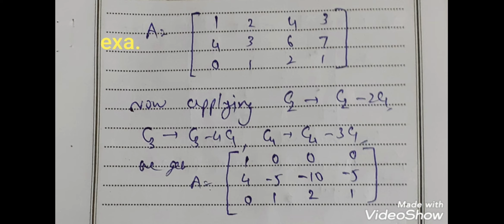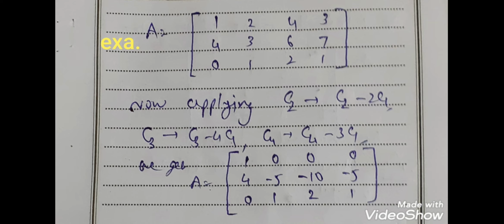Now see here, the second and fourth columns have all entries the same. So if we multiply the second column by minus 1 and add into the fourth column, all the entries of the fourth column will be 0. Now see the second and third columns. The second column has the entries 0, minus 5 and 1, and the third column has the entries 0, minus 10 and 2, which are double the entries of the second column.